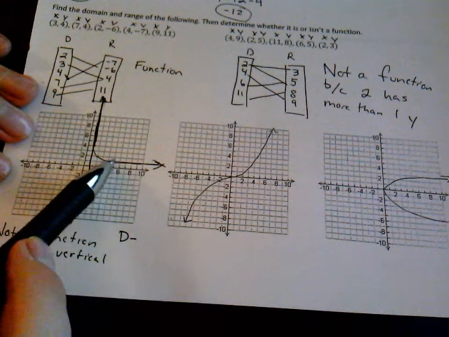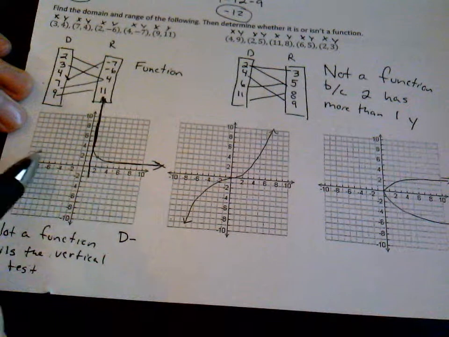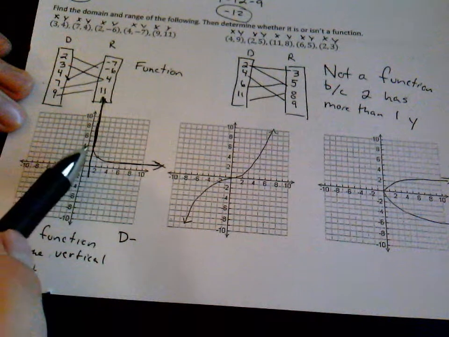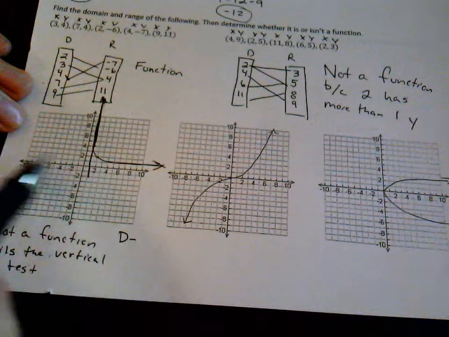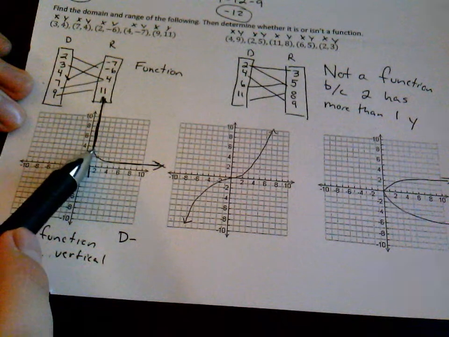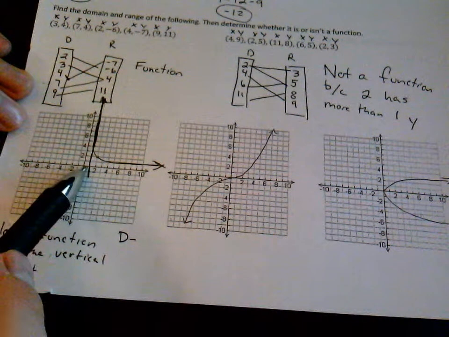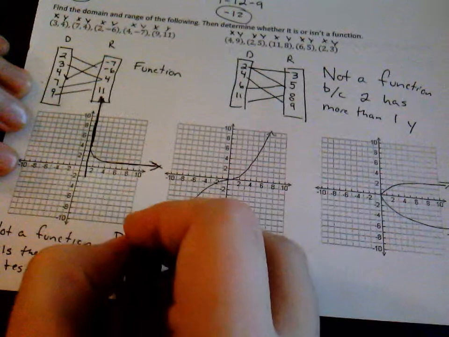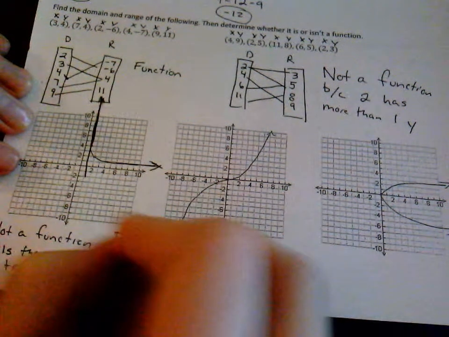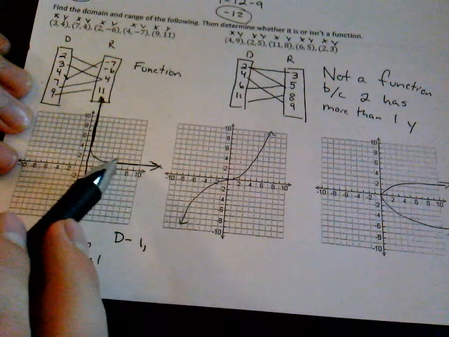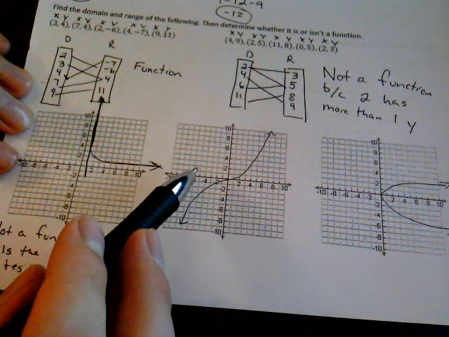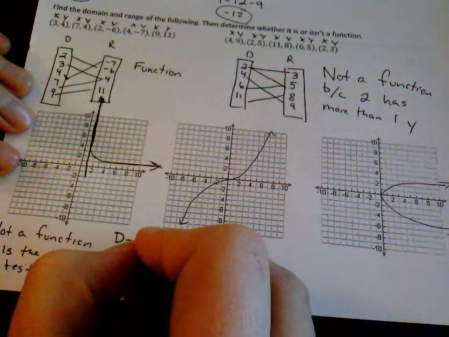Well, it doesn't go left forever. So what's the farthest? We're looking at the x-axis. Where's the farthest it goes left? Right here. So it goes to 1, but it does go right forever. You see the arrow, it's going that way forever. So it goes into infinity.